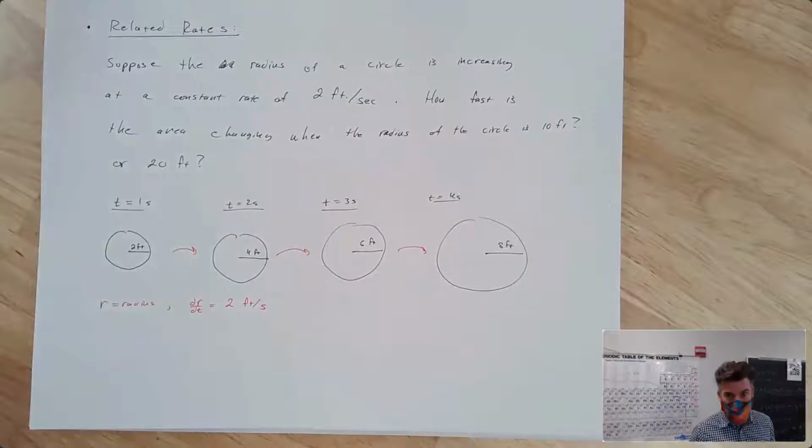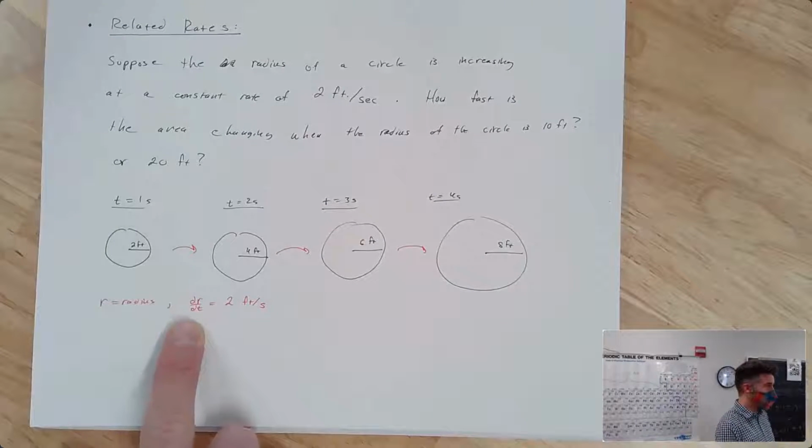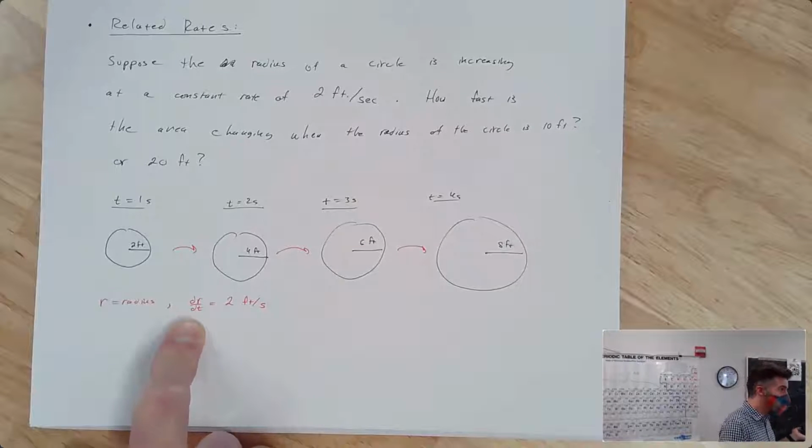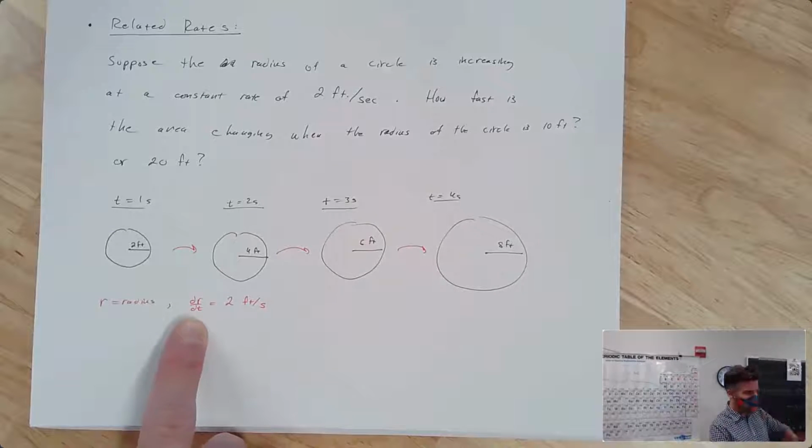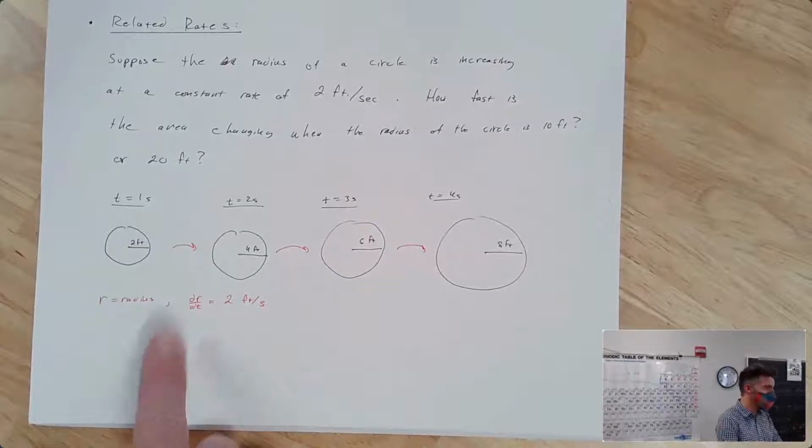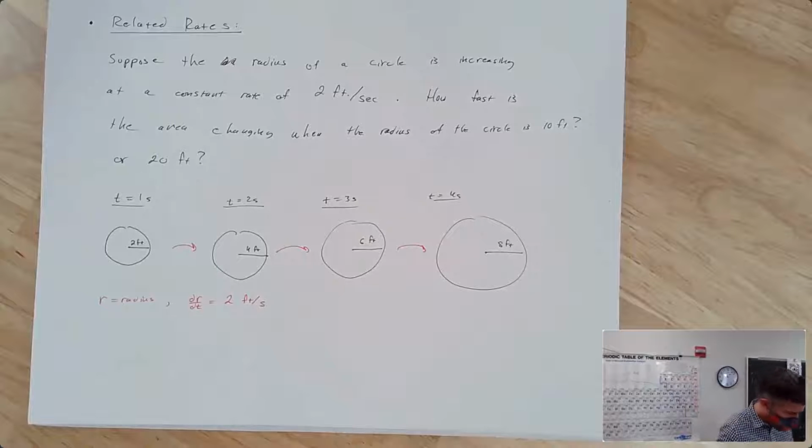And I will mention here that almost always when you're talking about related rates specifically, almost everyone uses this Leibniz notation, right? We almost never write r prime. We almost always write dr/dt when you're talking about related rates. I don't know why exactly we've decided to do this, but there are some benefits to it.